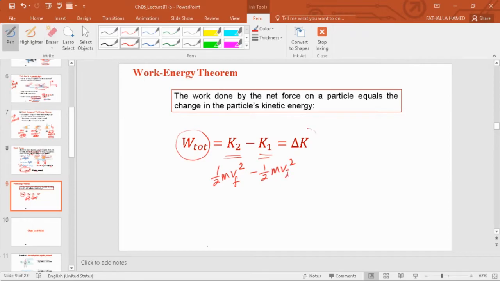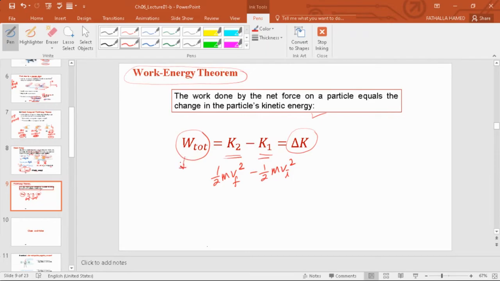And that basically gives you delta K, the change in the kinetic energy. So the work done by the net force on a particle equals the change in the particle's kinetic energy, and this is known as the work-energy theorem.